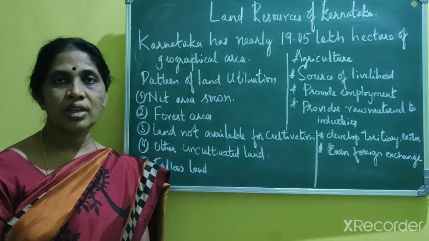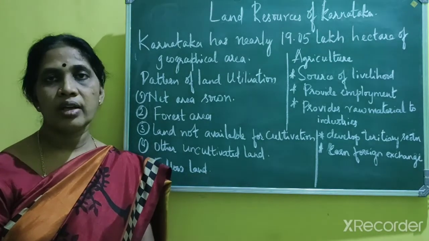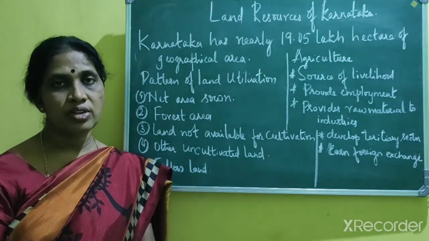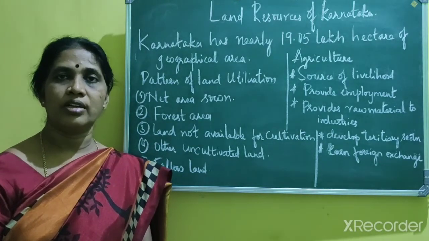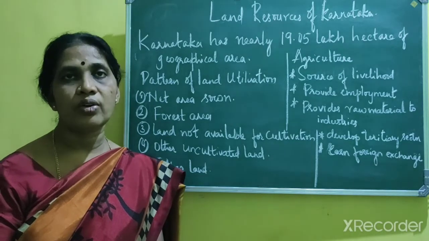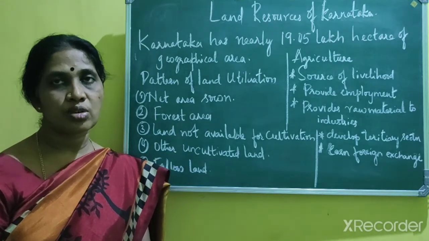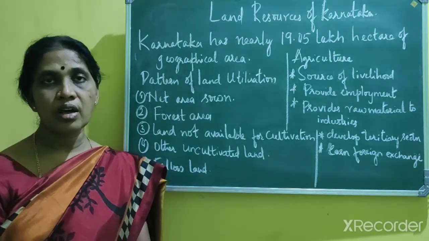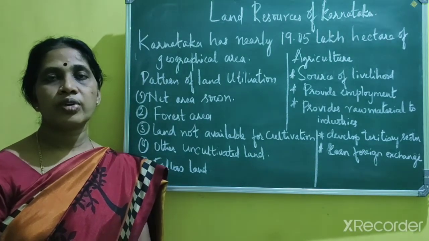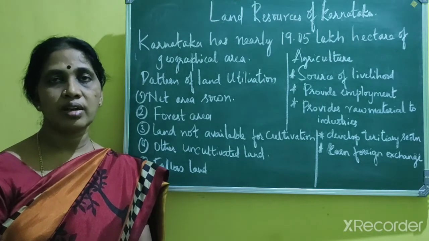However, it is said that fallow land can be reclaimed for cultivation and agriculture. So this is about fallow land: land not cultivated for more than 2 or 3 years, or left with no crops for a season or temporarily.